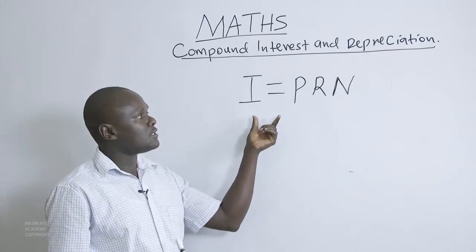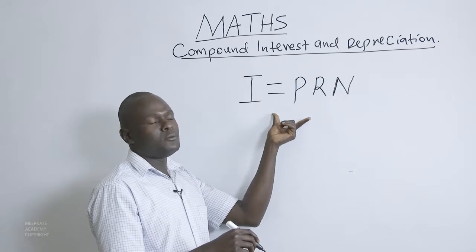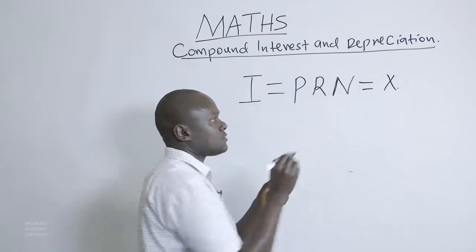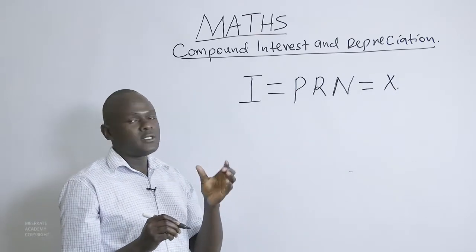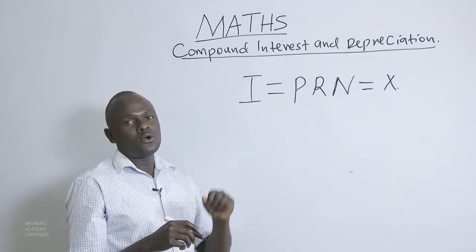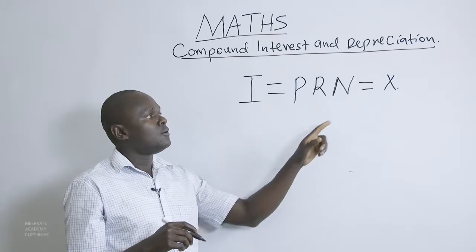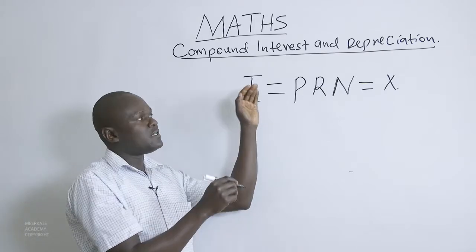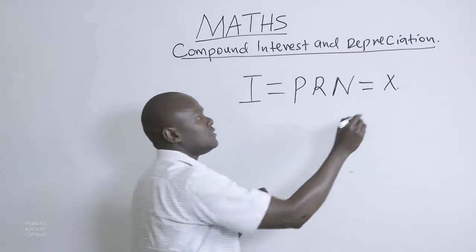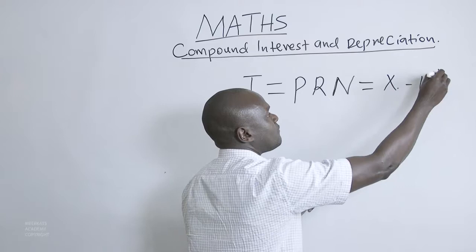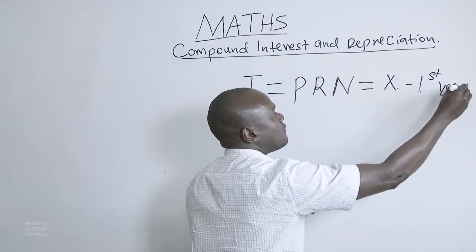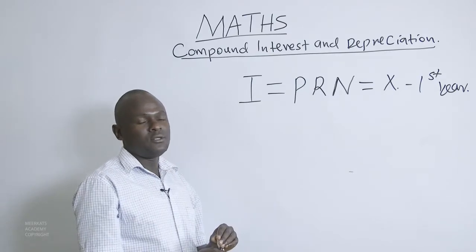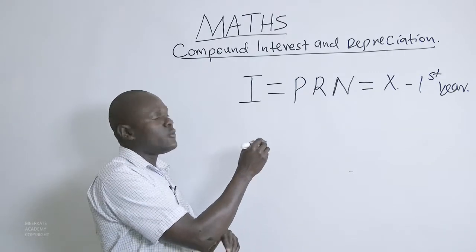And let us say, for example, at the end of this operation, you end up getting an interest like X. So when it comes to compound interest, when we are through with the first period, this might be the first year, when we move on to the second year, the principal will have changed.